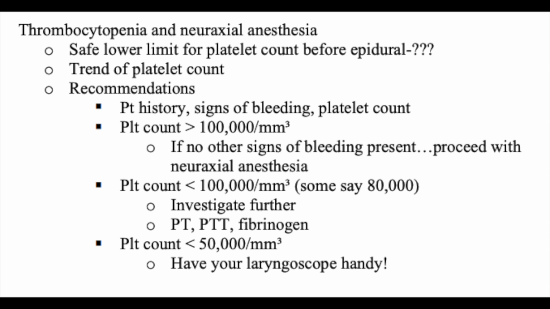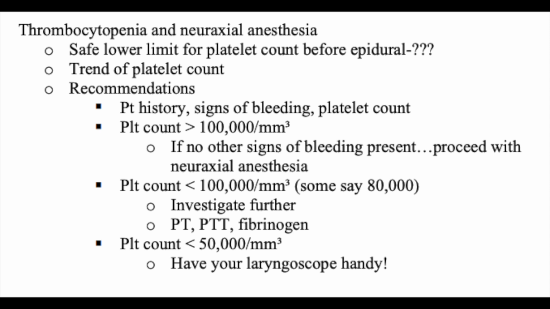Having said that, most people follow somewhere near these recommendations. They want to get a thorough patient history, check for any kind of signs of bleeding, and get a platelet count. If the platelet count is greater than 100,000 and there are no other signs of bleeding present, you can proceed with neuraxial anesthesia.